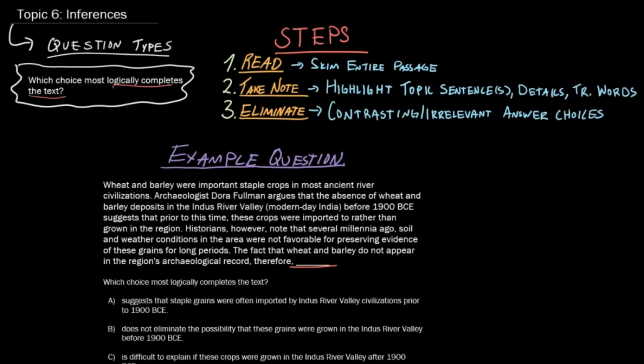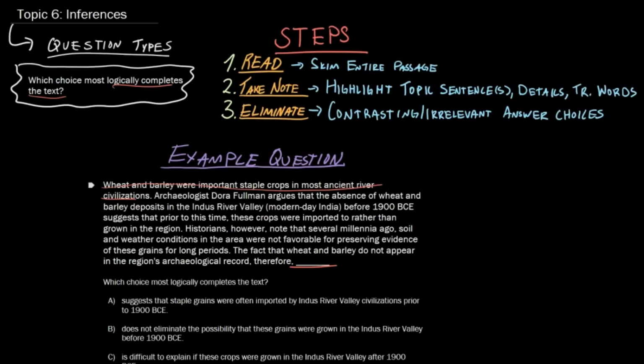Don't read every single word. Just look over it and take note of which words are either details or transition words, as we covered in topic 5, and if you see a topic sentence like this one, usually the first sentence, "Wheat and barley were the most important staple crops in most ancient river civilizations," definitely take note of that too.